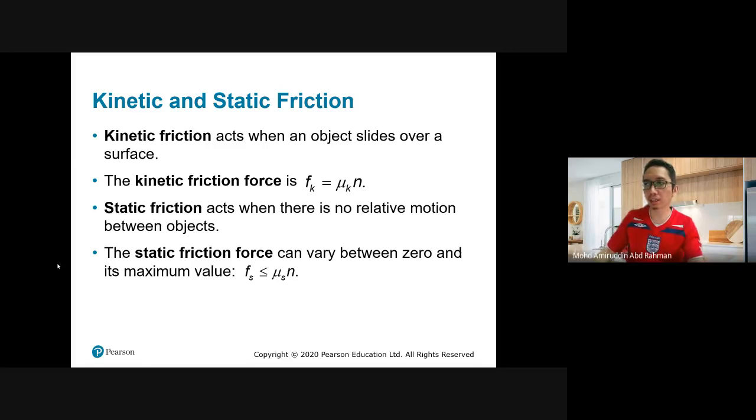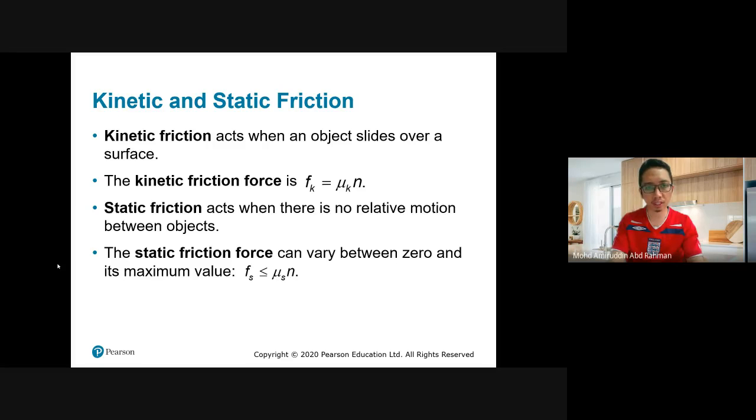The kinetic friction force is given by Fk equals mu k n. We will discuss later what mu and n are. Right now, just stay with Fk equals mu k n.